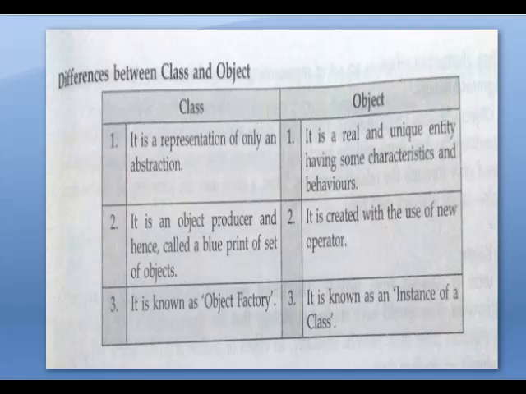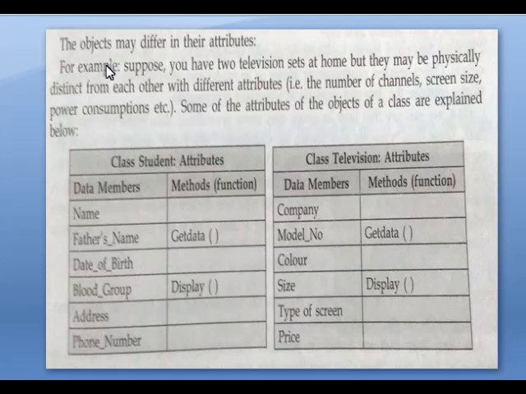Here we are going to see objects and their attributes. For example, suppose you have two television sets at home, but they may be physically distinct from each other with different attributes, that is the number of channels, screen size, power consumption, etc. Some of the attributes of the objects or class are explained below. For example, students, class student attributes. These are the data members we will use: name, father's name, date of birth, blood group, address, phone number.